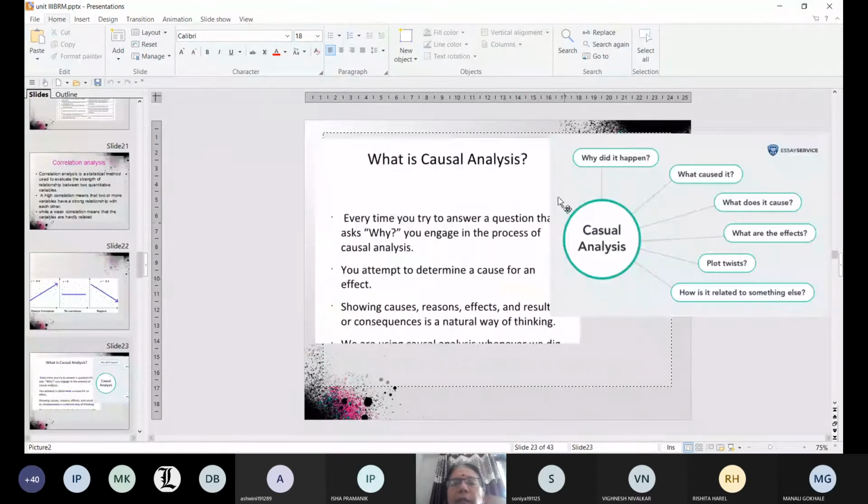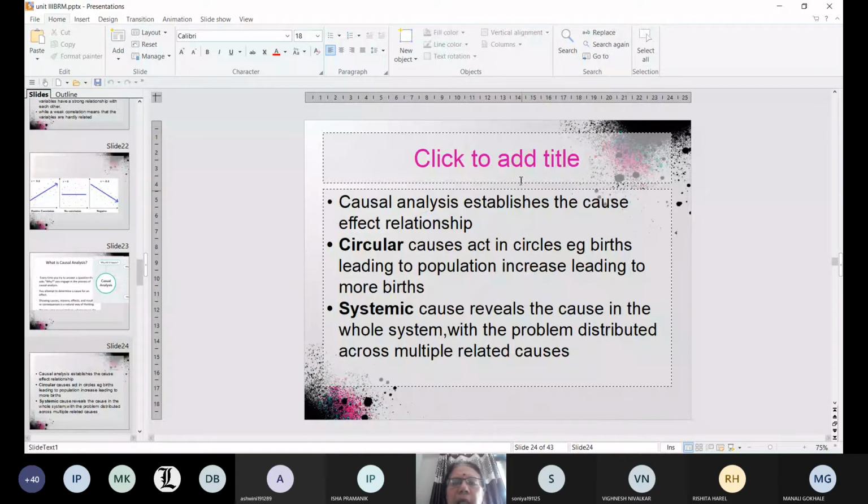The fourth type of analysis is causal analysis. Here you try to answer the question why: the reasons, cause, effect of the variables on each other. Causal analysis can be circular or systemic. What is circular analysis?